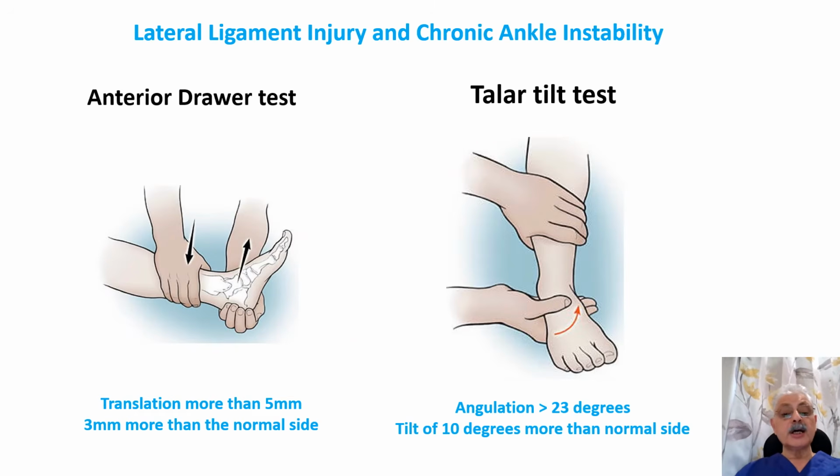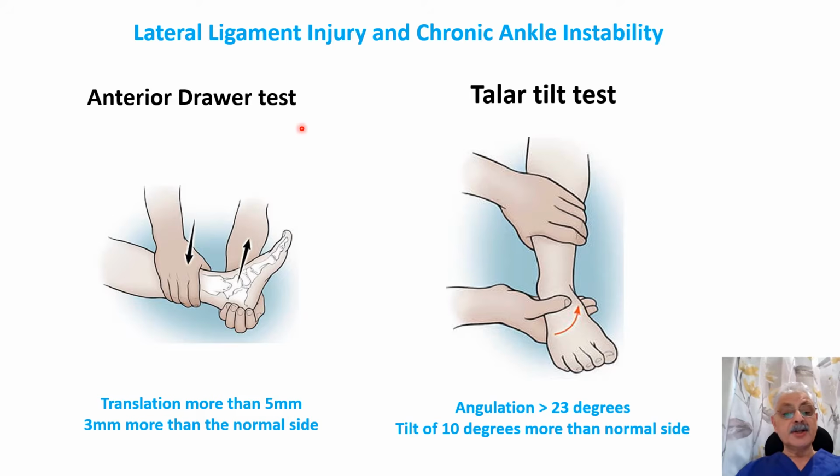It is not uncommon for patients to develop chronic ankle instability after lateral ligament injury, and this instability can be detected by two common tests, which are the anterior drawer test and the talar tilt test.